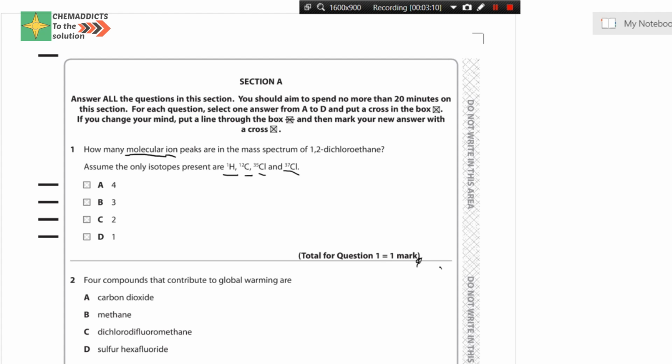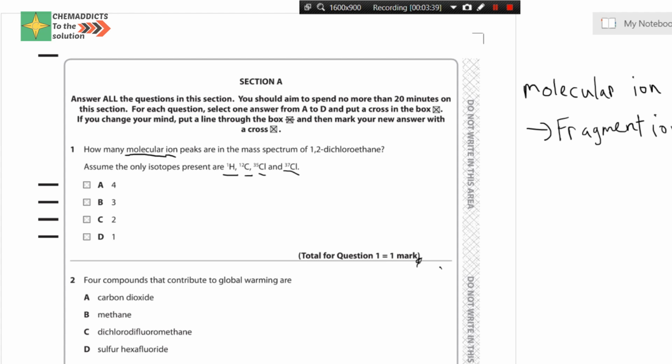If we want to break a molecular ion, we will end up getting a fragmented ion plus a free radical. That's the simple formula for that.